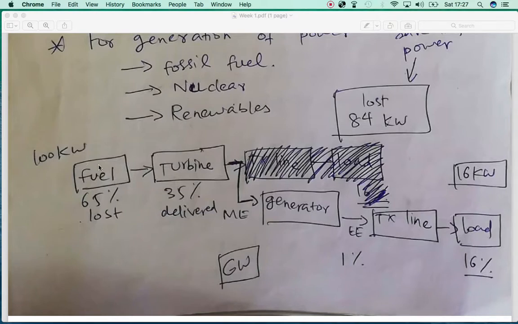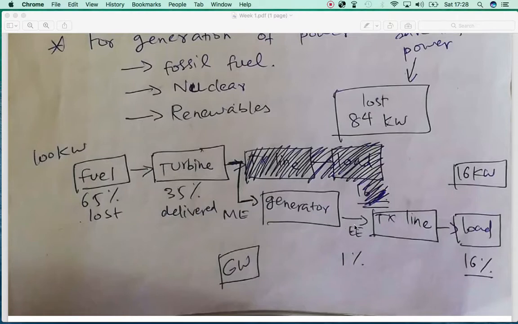Let's suppose we have a container of water here, and this fuel is heating that water into steam, and 65% of the energy is lost as heat, and 35% of the energy is used to convert that water into high pressure steam, which moves the turbine. Then the mechanical energy of the turbine is converted into electrical energy by a generator, and we can have, let's suppose, 1% or 2% of energy loss in this process as well.